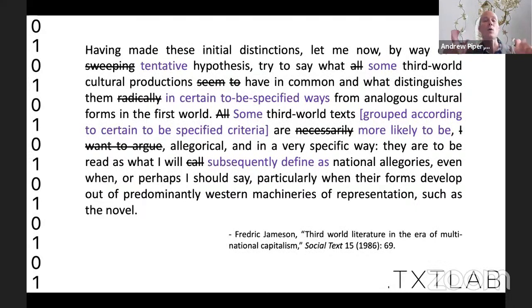That is to say, in a way I'm going to define very rigorously and clearly in this paper, that some of them, whose selection I will define, are more likely to be allegorical in a way that I will subsequently define as a national allegory.